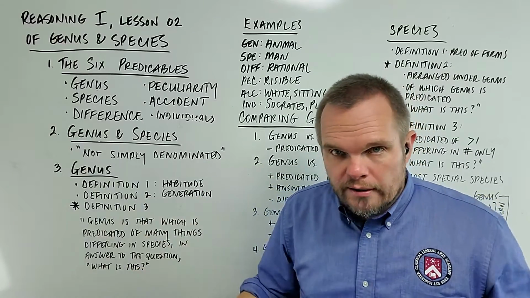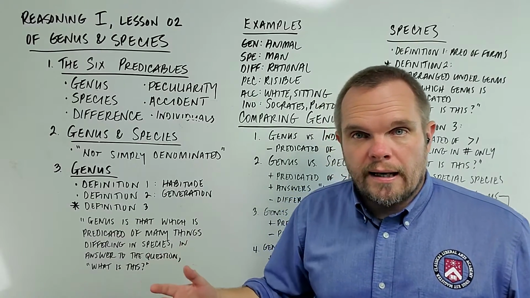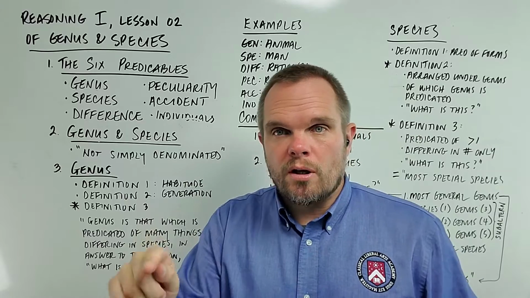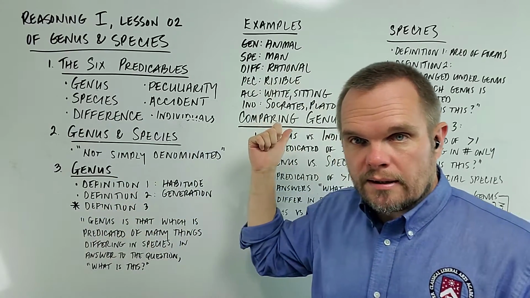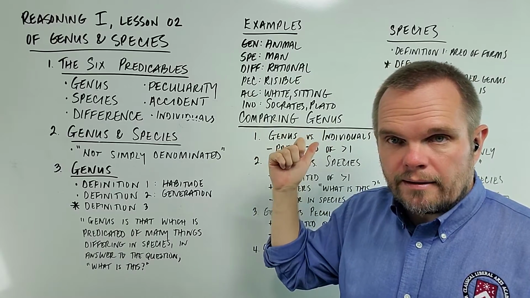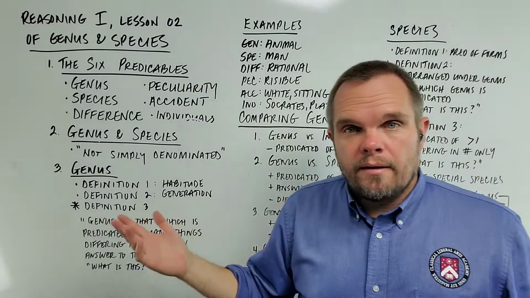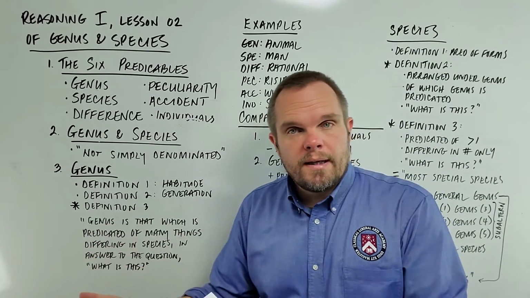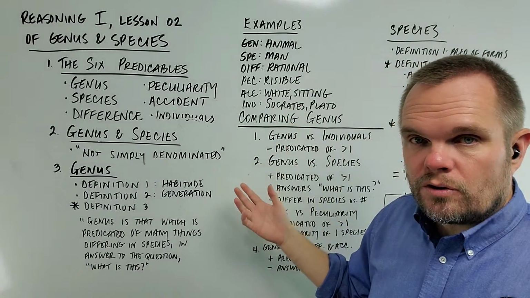Not just dog, not German shepherds or whatever other kinds of dogs there are, but your actual individual dog would be an individual. You are an individual. Socrates, an individual man, is an individual. An accident is a quality that can change, that can be present in one thing but not in another, and yet they can still be the same thing. It's not essential, okay?